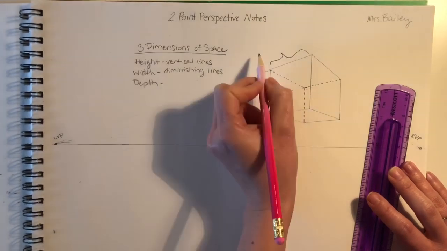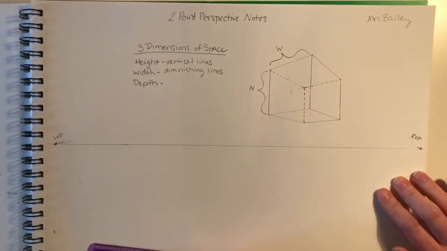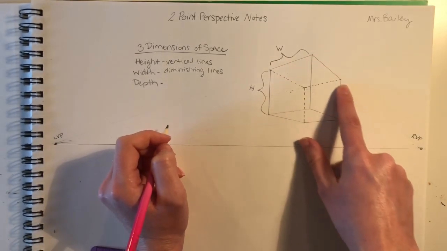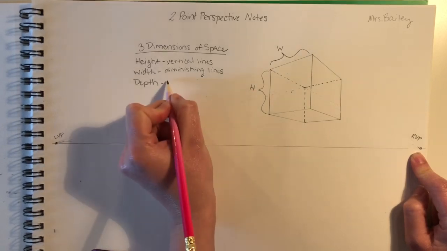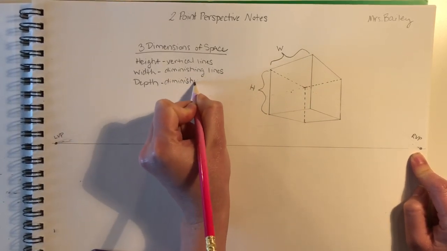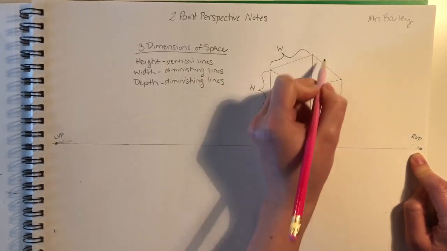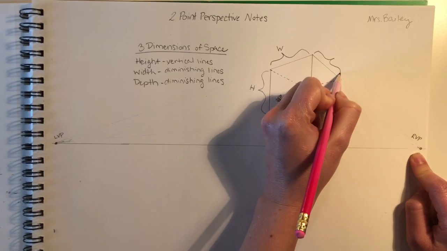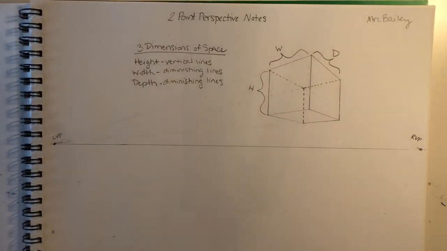And I'm going to label this W for width. And then our depth is going to be over here on this side. Our depth lines will still remain diminishing lines as well. And that's what a cube looks like in 2-point perspective.